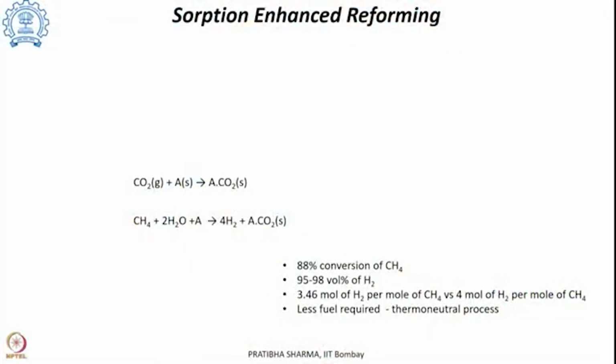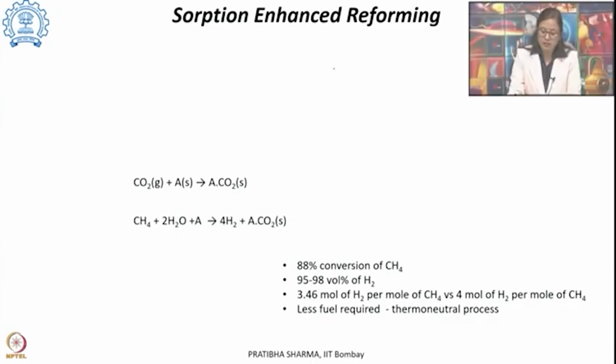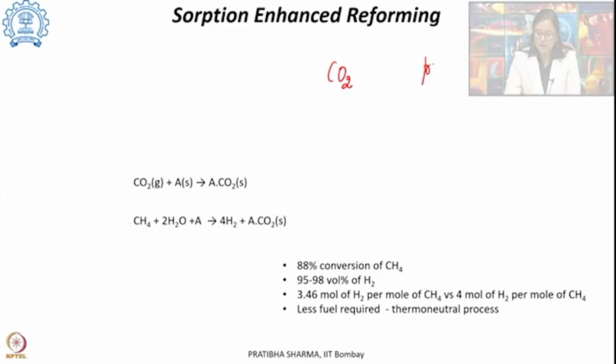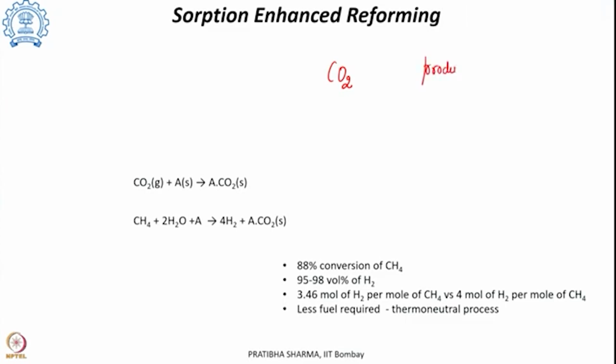In sorption enhanced reforming, the product carbon dioxide which is obtained is selectively removed such that the limitation of the chemical equilibrium is not there, and the reaction proceeds towards the formation of the product.